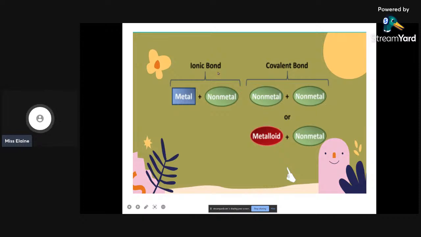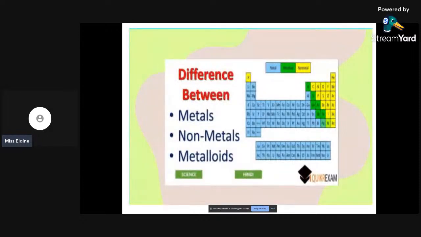When it comes to ionic bond, metal plus non-metal, when they react to each other, their bond is what? Ionic. While non-metal plus non-metal, or metalloid plus non-metal, is considered a covalent bond. You have to remember that. Now this is the periodic table.